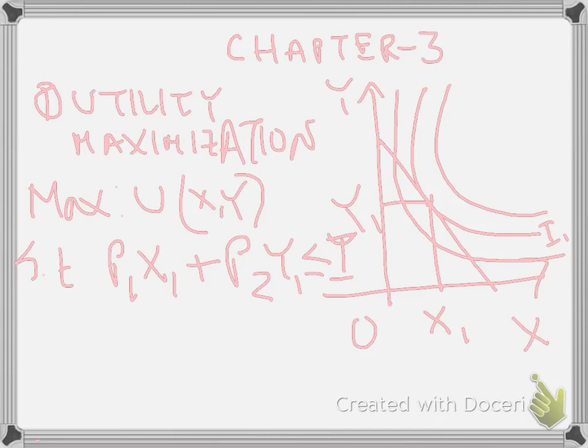The budget constraint is telling us that given the bundle of good X and Y the consumer is thinking about buying, the expenditure on good X, which is P1X1, plus the expenditure on good Y, which is P2Y2, here P1 is the price of good X and P2 is the price of good Y, has to be less than or equal to the amount of income that is available to the consumer.